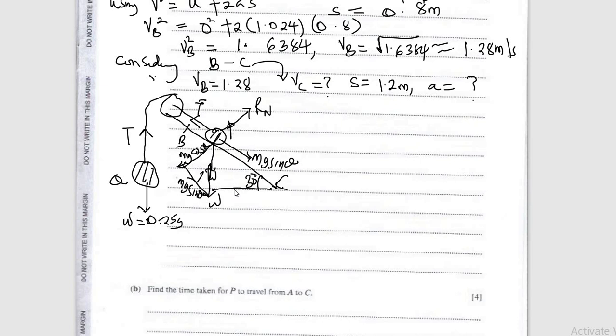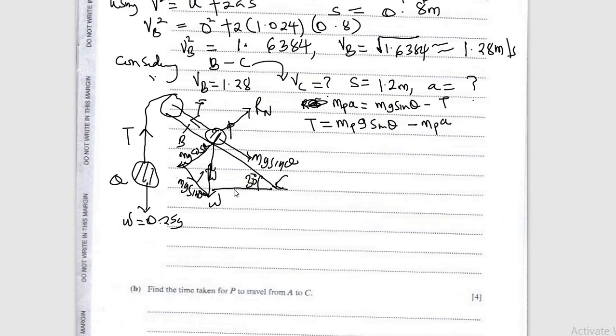So along the inclined plane, along P, the resultant force, that's MPA, equal to mg sin theta minus tension. So our tension in this case will be MPg sin theta minus MPA.